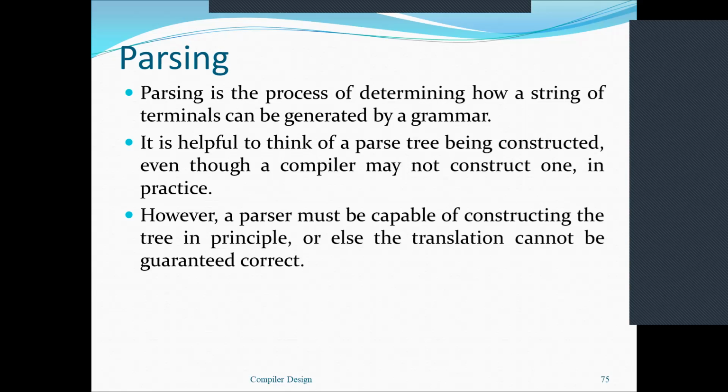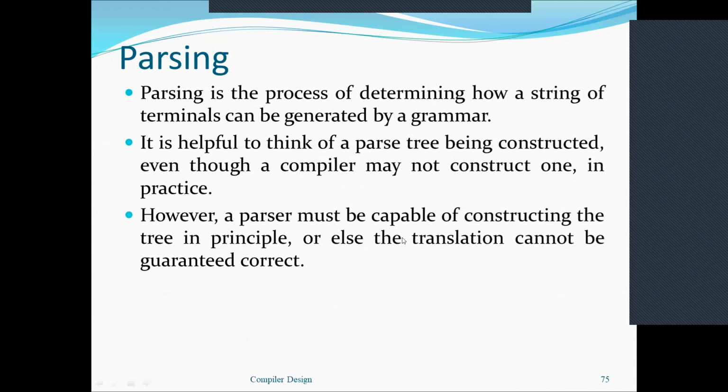So it is for our practice, for our understanding, that we do it. But in actuality, the code doesn't make a tree shape pictorially. But yes, whatever it translates is similar to the concept of a tree. That is why we say the parser creates the parse tree.